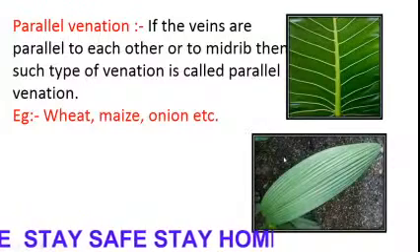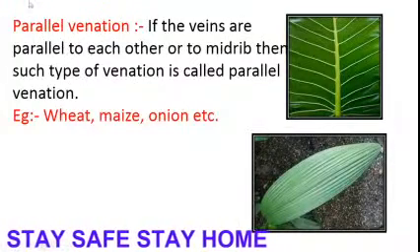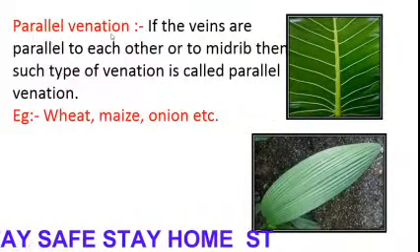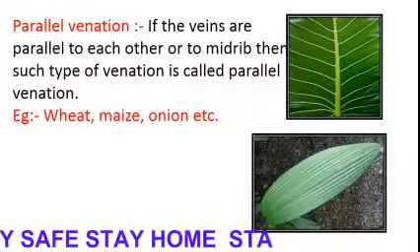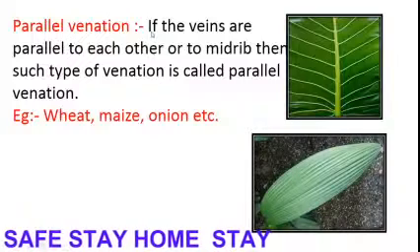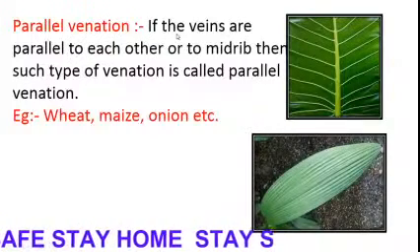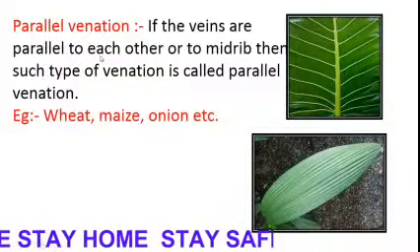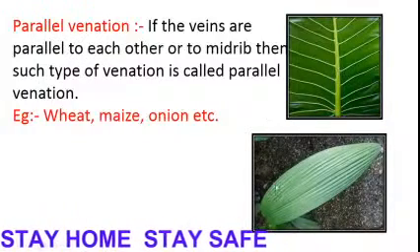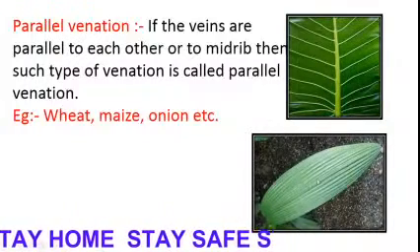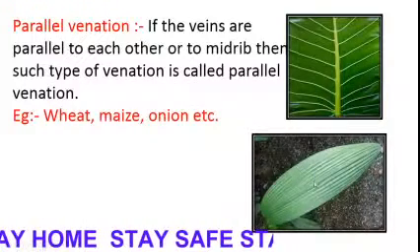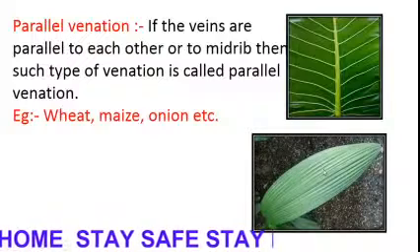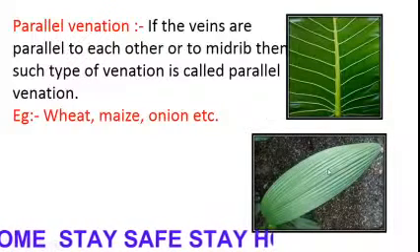Now let's see the next part. The next is parallel venation. What is the meaning of parallel venation? From the video you might have got the idea, but let's see the definition. If the veins are parallel to each other, can you see in the picture, parallel to each other and to the midrib, then such a type of venation is called parallel venation.